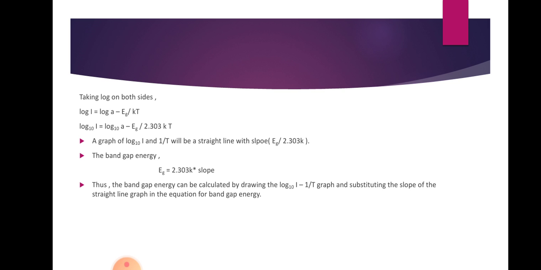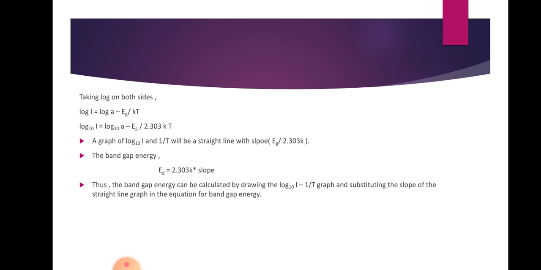Now we plot a graph between log to the base 10 I and 1/T, which will give a straight line, and the slope of this straight line is given by Eg/(2.303 k). The band gap energy Eg can be given by Eg = 2.303 k × slope.